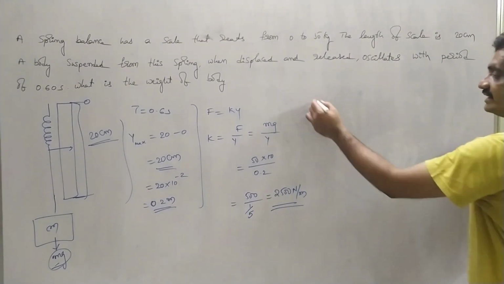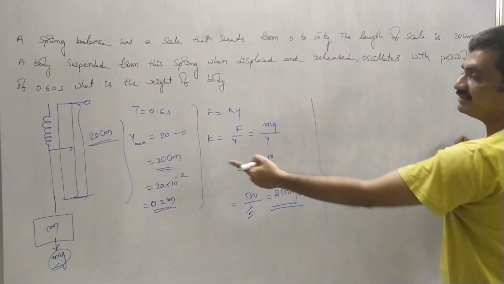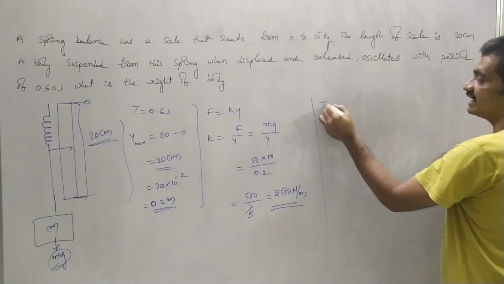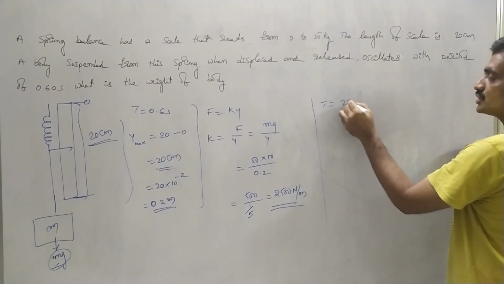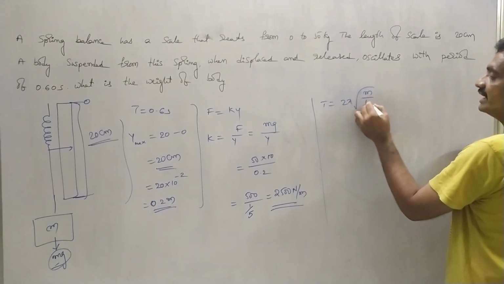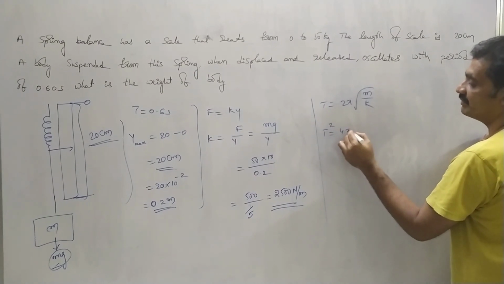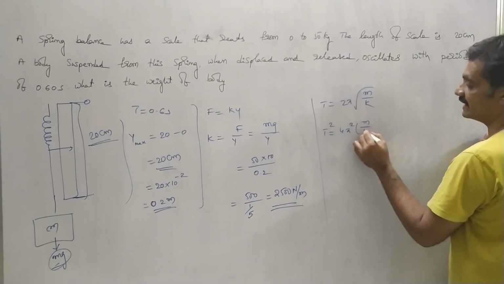Now we have to find the weight. In order to find the weight, we have to find the mass of this body. The time period equation is T equals 2 pi into under root of m by k. Squaring this equation, we have T square equals 4 pi square into m by k.